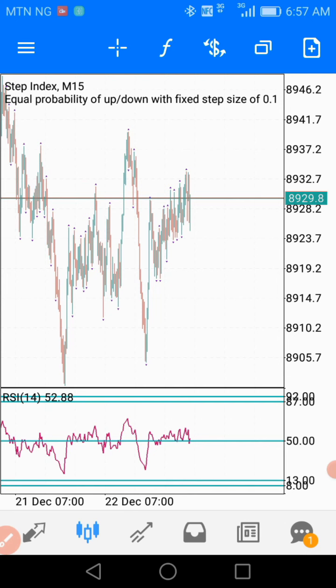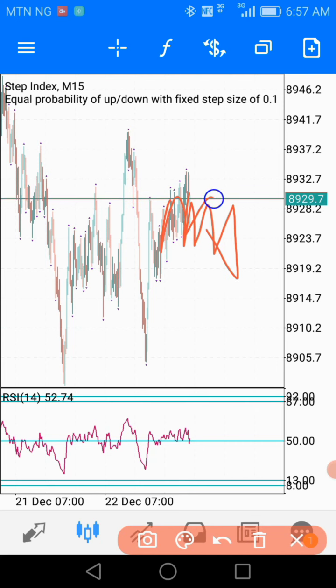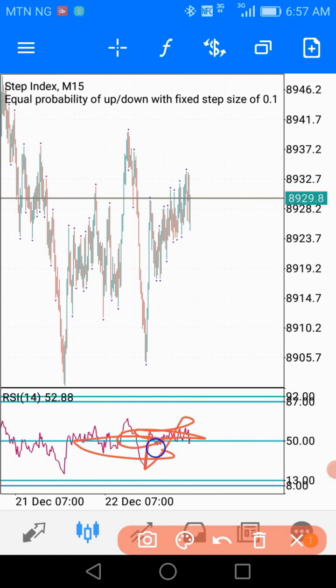Sometimes there exists a kind of disagreement, meaning that price may be going up while the indicators, the oscillators that we use, for instance RSI and the rest of the oscillators or indicators that we place on our chart, we plot on our chart to trade. Sometimes there exists a kind of discrepancy, disagreement between price movement. This is what I mean by price movement: the up and down movements of the candles you're seeing, that's price movement, and this is the oscillator or indicator.